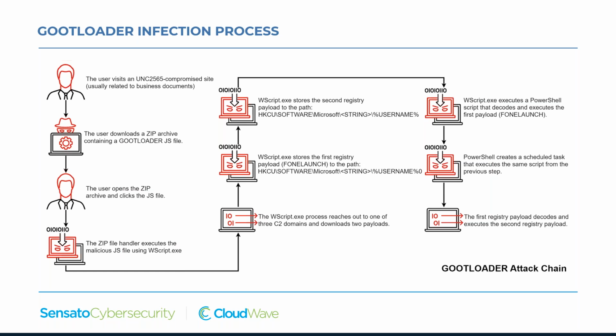It's breaking that code up and obfuscating it throughout the registry. There are actually 2 registry entries that it makes, or 2 different programs that it puts into the registry. Then it uses WScript to execute a PowerShell, and that PowerShell launches what's called PhoneLaunch. PhoneLaunch is a tool that is used to run from the registry, so there are no files placed on the computer.